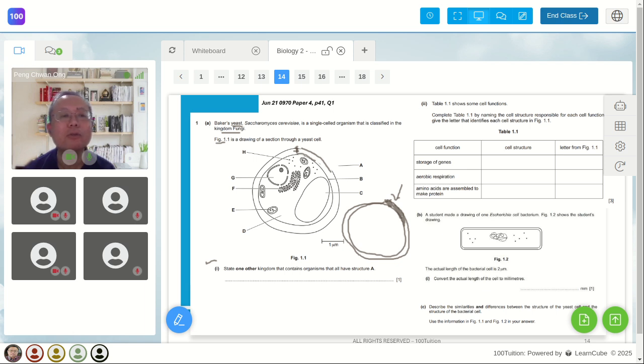Jamuna, you want to try? What is G? Yes, nucleus, right? I think it's quite obvious. You can see it's quite circular, and then usually you will see that there's something inside here.